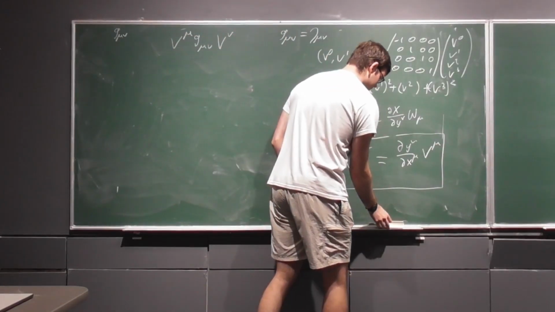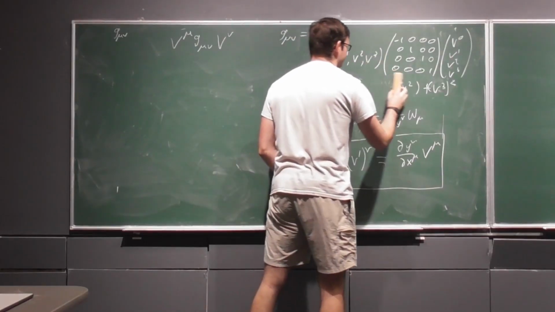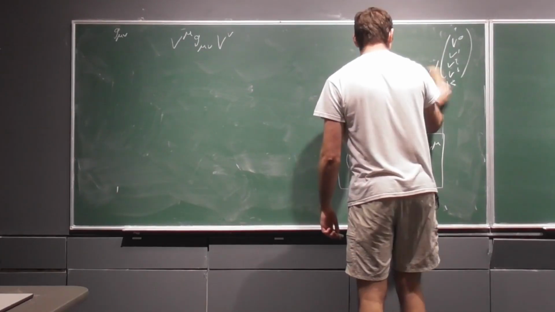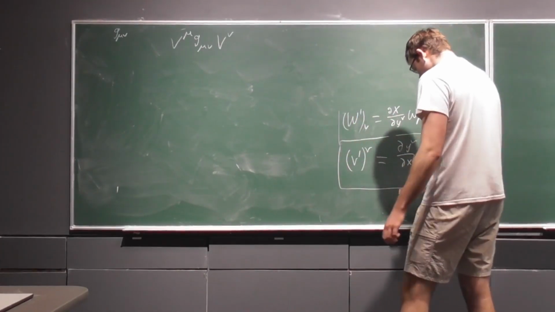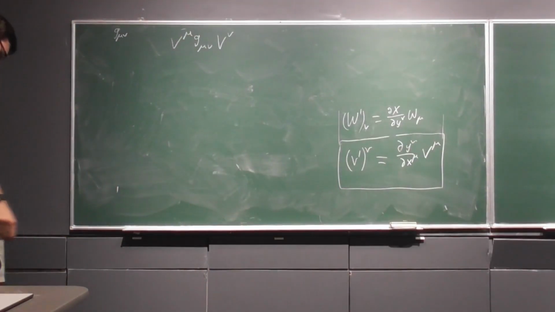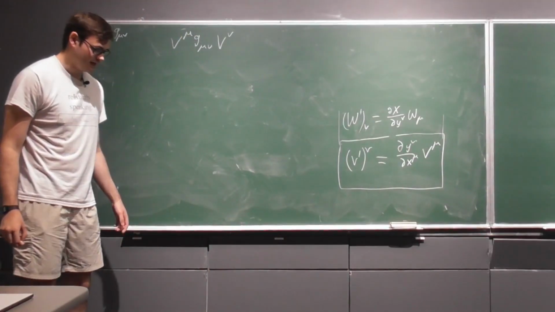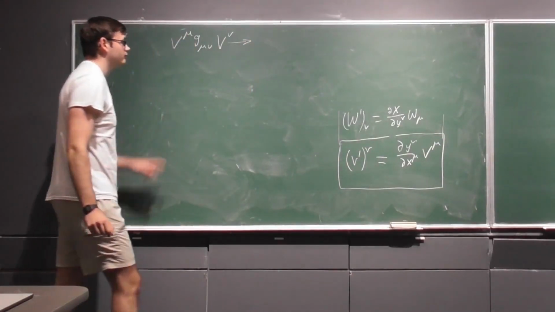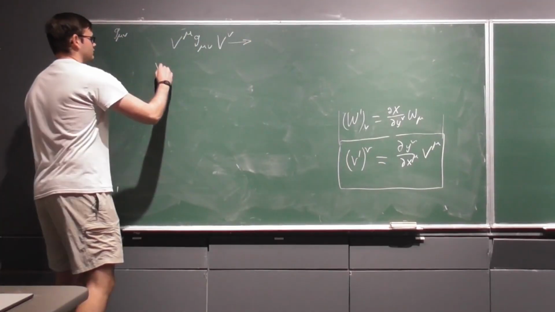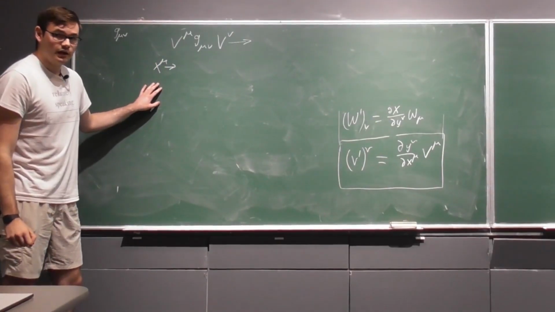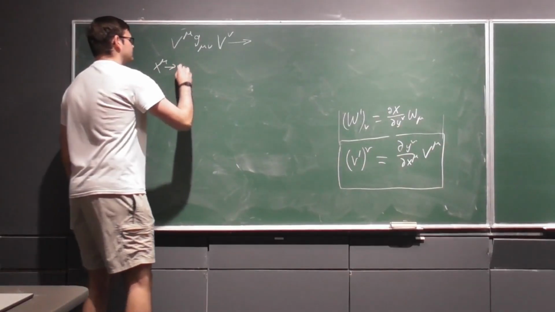Now, what I want to check is that when I transform, the transformed quantity must be the same in both frames. So what I mean by transform is I was originally working with some coordinates x mu, and I changed to y mu.